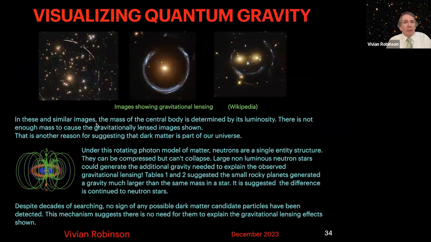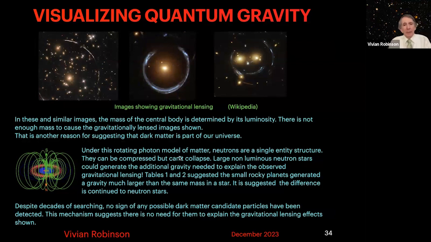In these and similar images, the mass of the central body is determined by its luminosity. There is not enough mass to cause the gravitationally lensed images shown. There's not much mass in that. That is another reason for suggesting that dark matter is part of our universe.